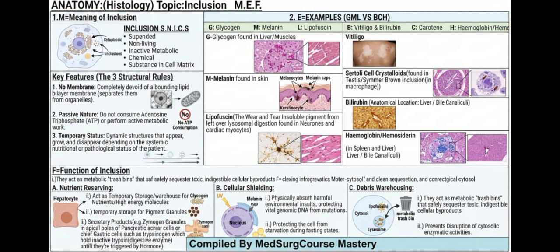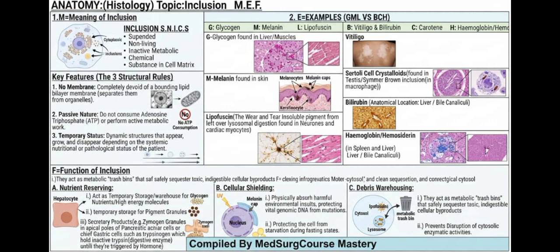Let's move on. B is for bilirubin. Bilirubin is found in the liver. So far, we have studied examples of inclusion.